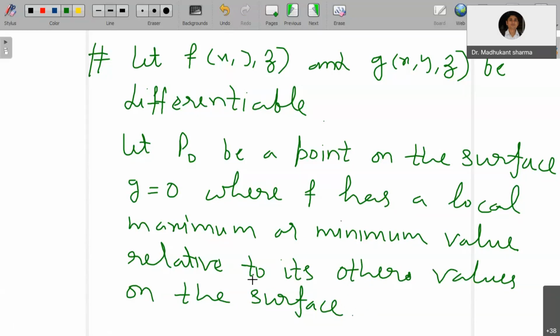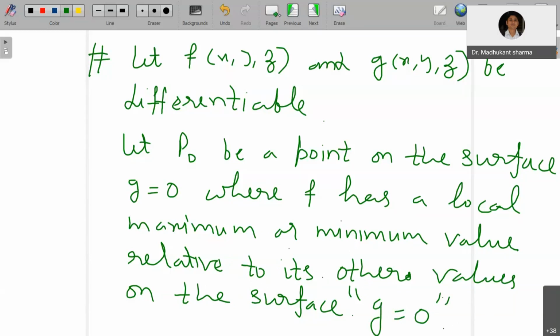Now, you take any smooth curve on the surface g which is passing through P naught. So f has a local maximum or minimum value relative to its other values on the surface, g equals 0, I can write here again, is the surface.